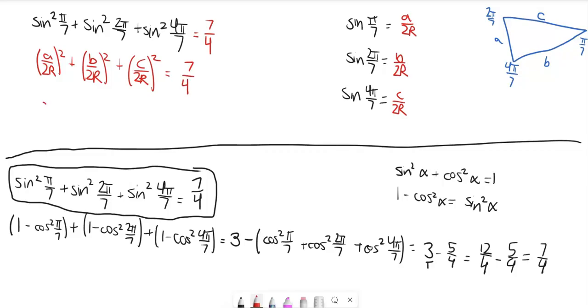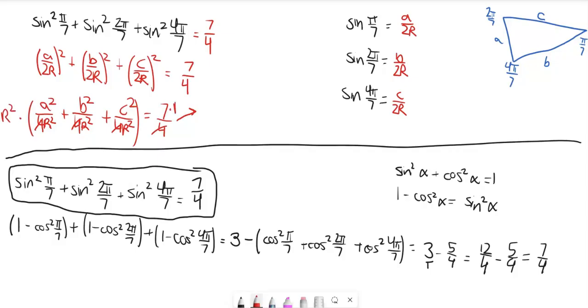Now let's work these out. We'll get a squared over 4r squared plus b squared over 4r squared plus c squared over 4r squared equals 7 over 4. Now, we can cancel the 4's on both sides here, and then we can multiply everything by r squared.